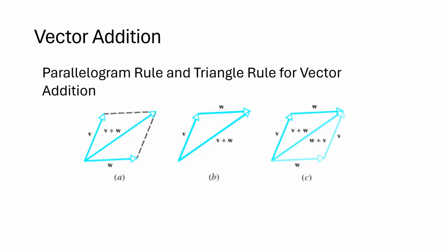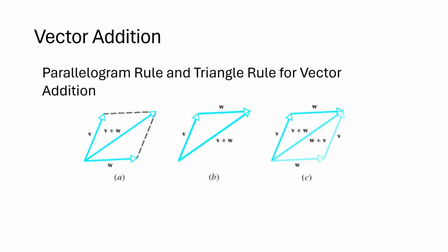For the parallelogram rule, if vectors v and w are in two space or three space and are positioned so their initial points coincide, then the two vectors form adjacent sides of a parallelogram, and the sum, vector v plus vector w, is the vector represented by the arrow from the common initial point of vector v and vector w to the opposite vertex of the parallelogram.